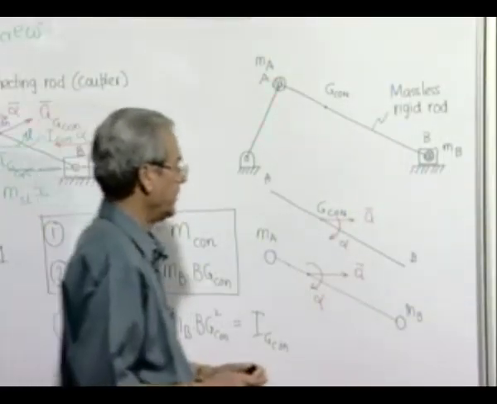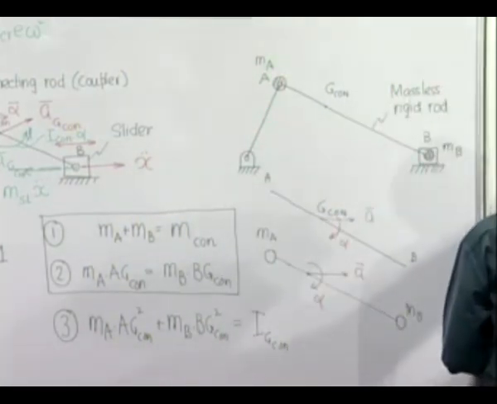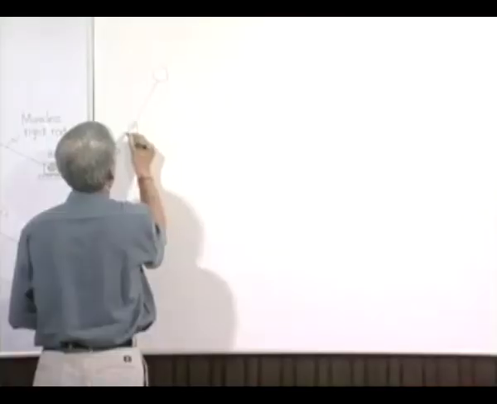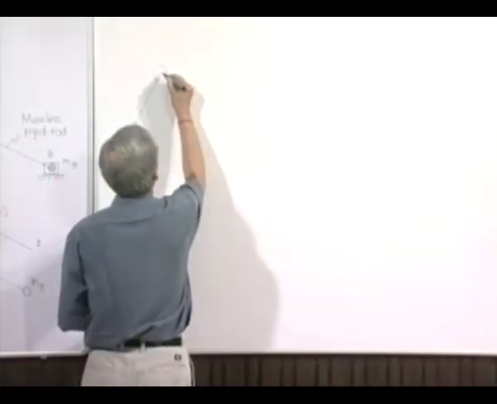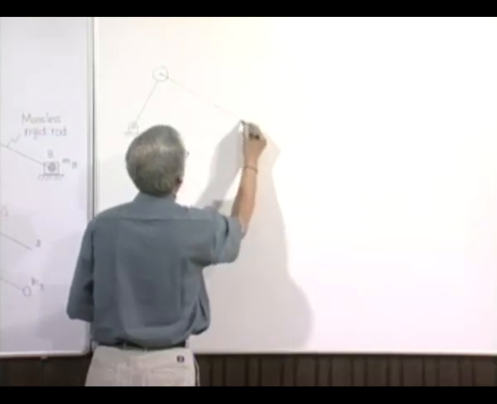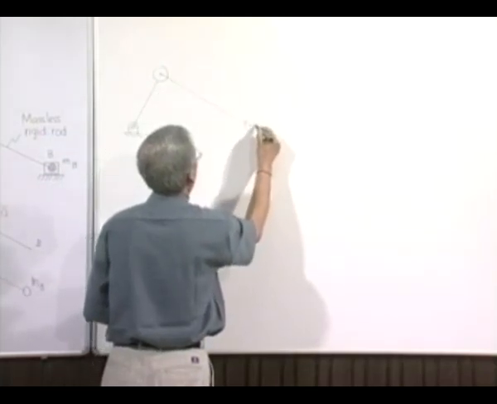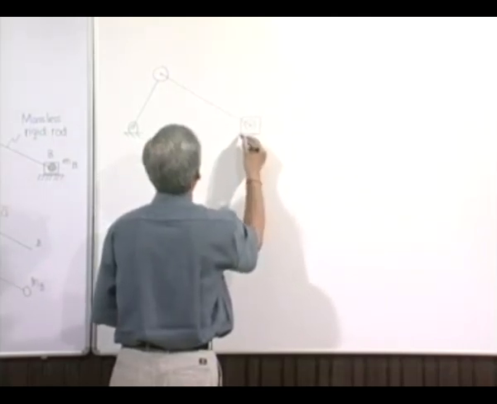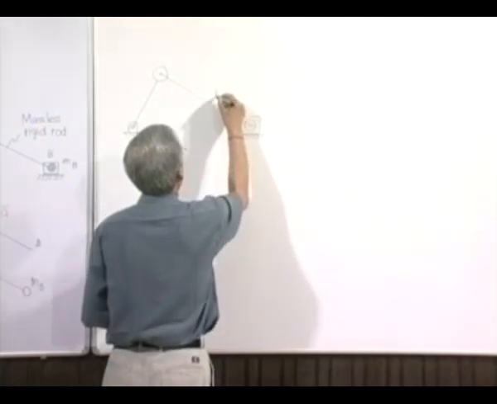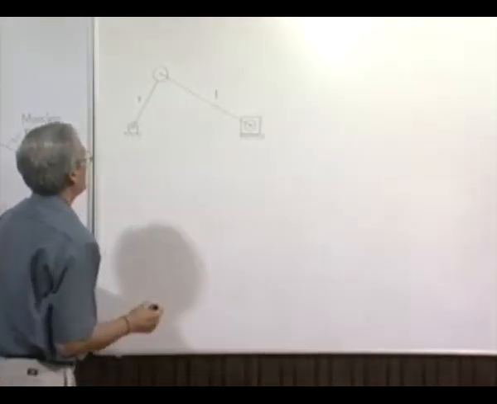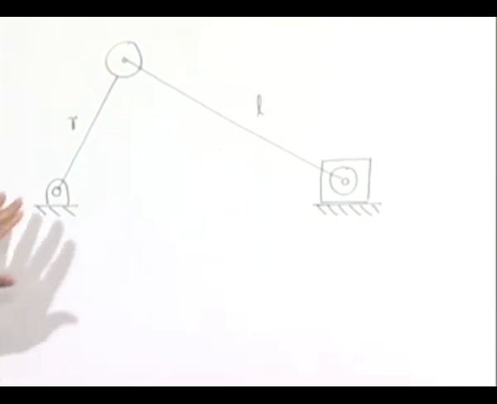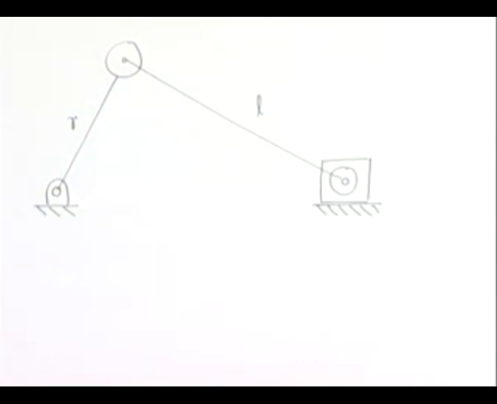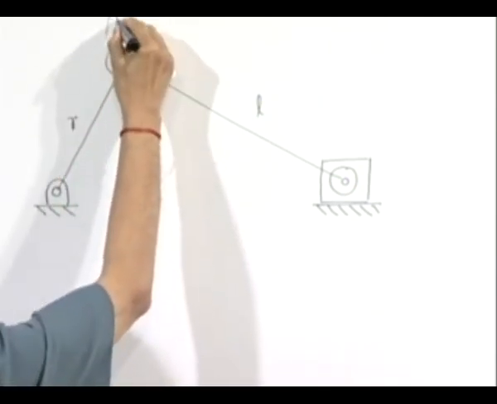So, now what do we have? We have a system. Now we have an object here, the original crank and a concentrated mass at location A, and this object is a purely rotating object.